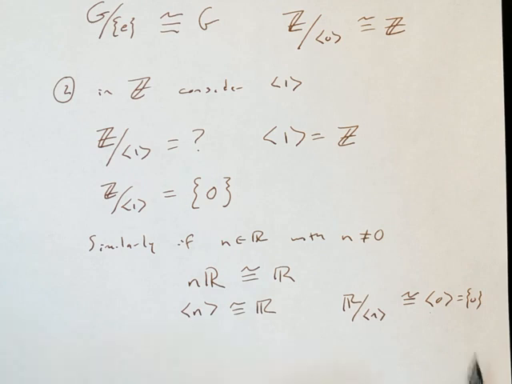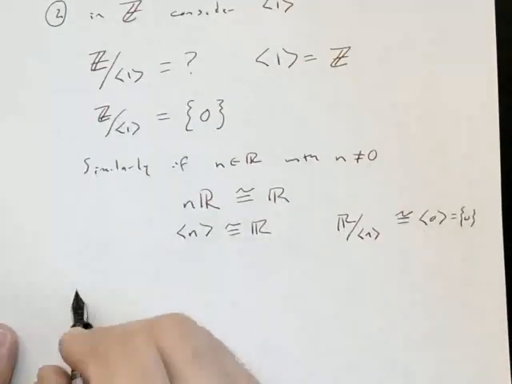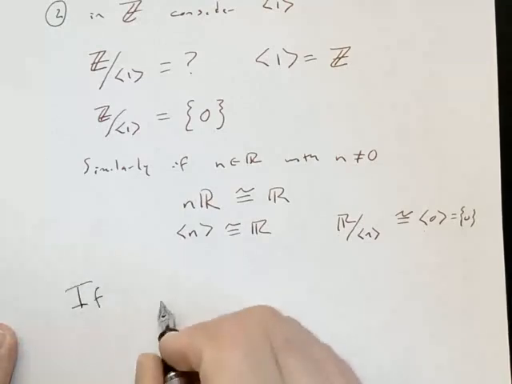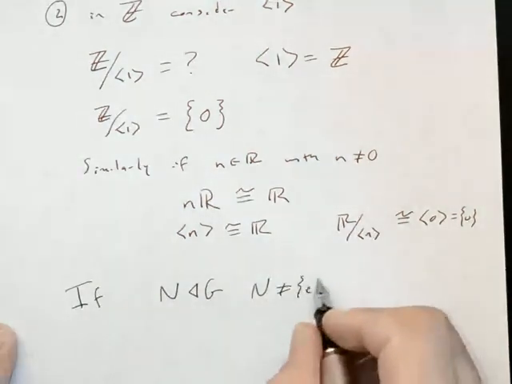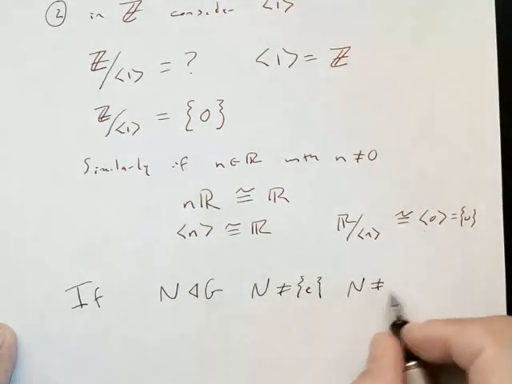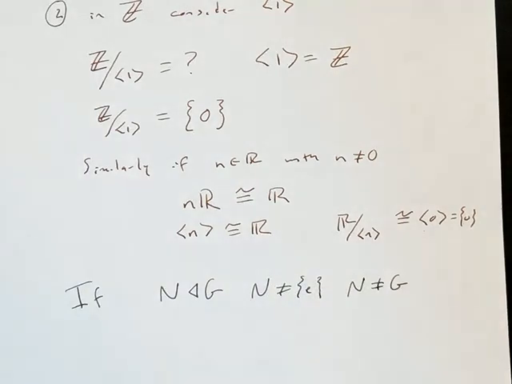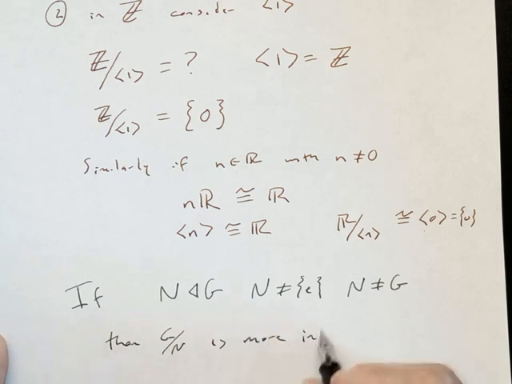So when my normal subgroup is in between, that's when I have something interesting happen. For some definition of that word.